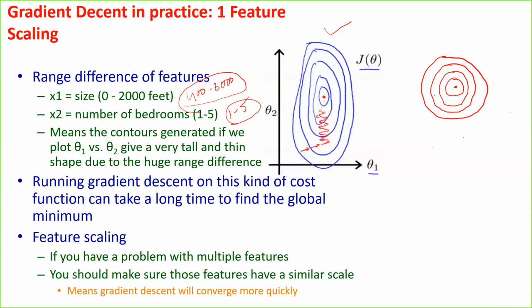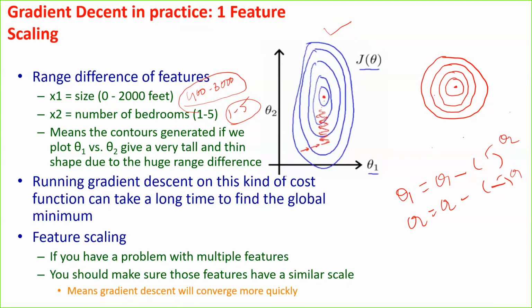But there is a big problem with this. If there is a huge range difference between the parameters, then when you are updating them, you update like this: theta 1 equals theta 1 minus something, theta 2 equals theta 2 minus something. In this something you have the other parameter also, theta 1, and in the other you have theta 2.